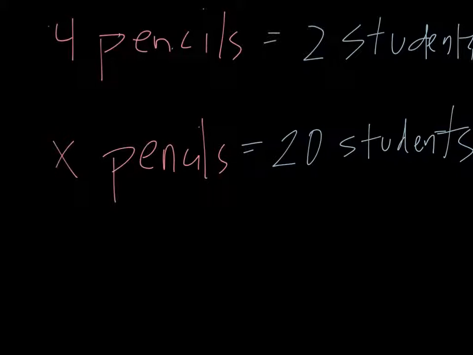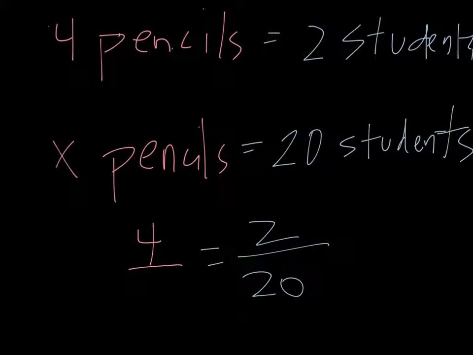Now, as you can see in this problem, I've already laid it out for you. You have 2 students over 20 students, and you have 4 pencils over an unknown amount of pencils. That's our x, or our unknown number in this case.